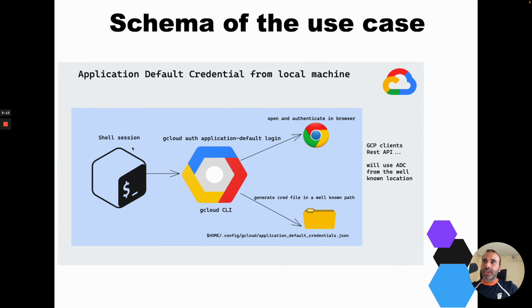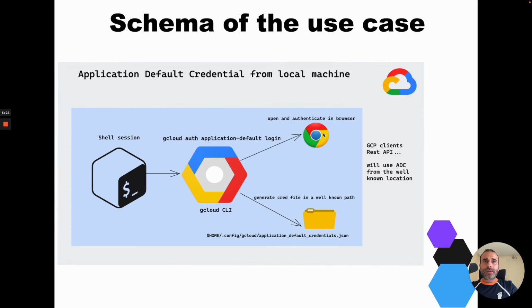We have our shell session. Then with the gcloud CLI, we will launch this command: gcloud auth application-default login.